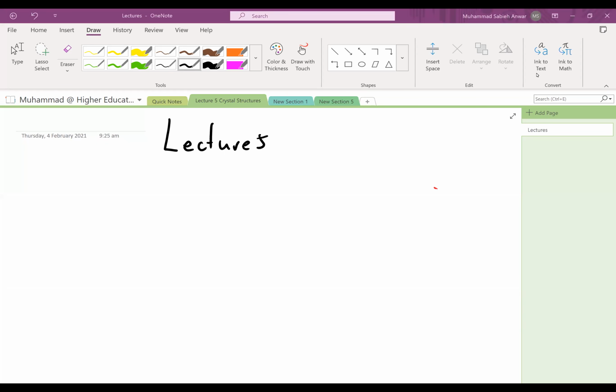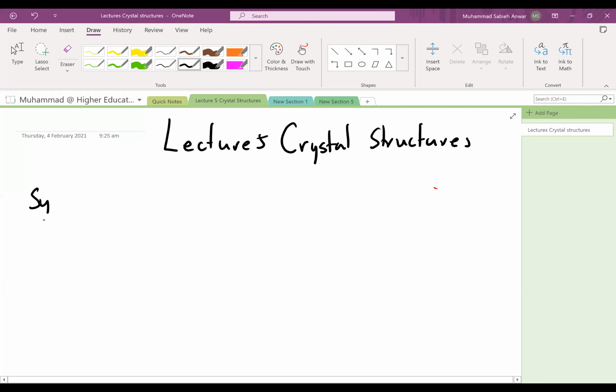All right. So we've been discussing different things so far. We've looked at symmetry. From symmetry, we've invoked the concept of point groups.